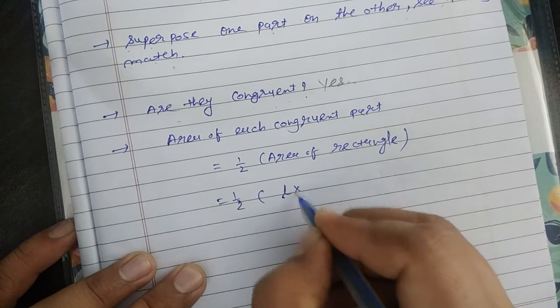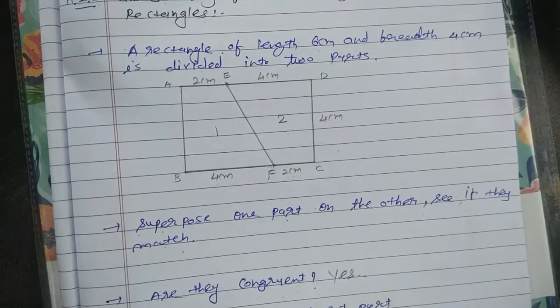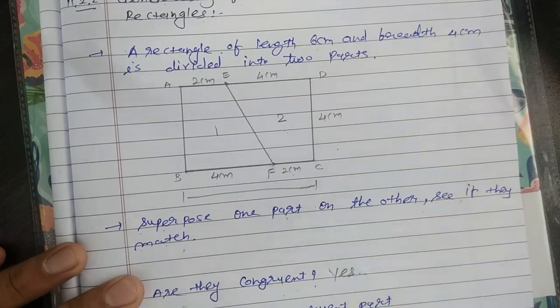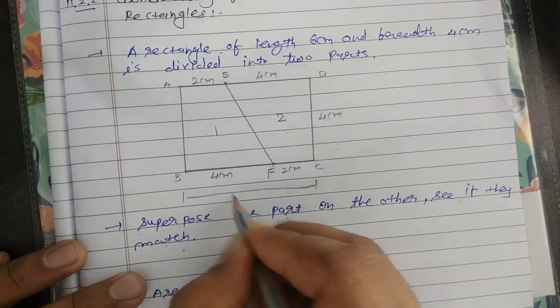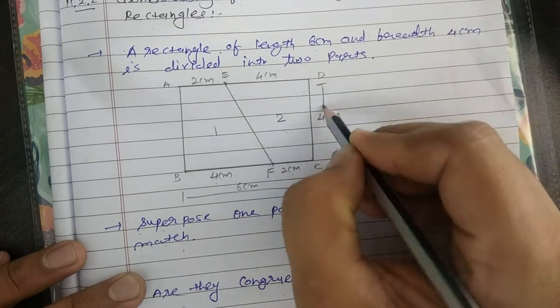We know that area is length multiplied by breadth. What is the length and what is the breadth? Here we can see that the length of this rectangle is 4 plus 2, 6 centimeter, it is given already, and the breadth of this rectangle is 4 centimeter.